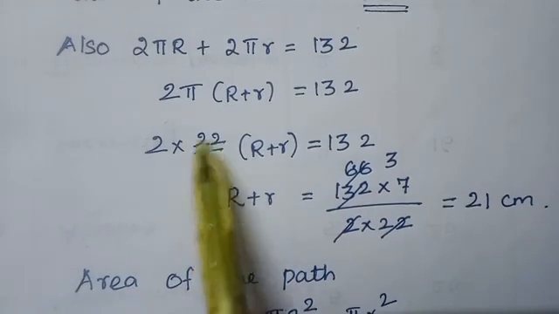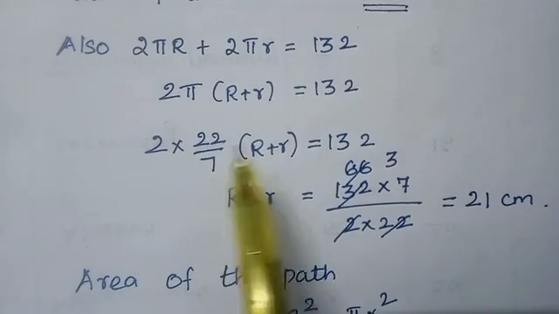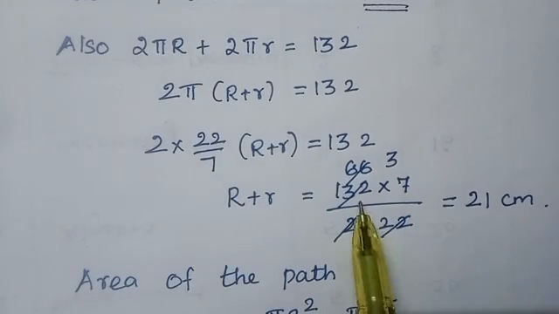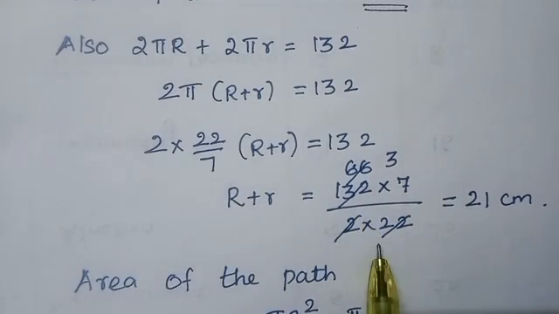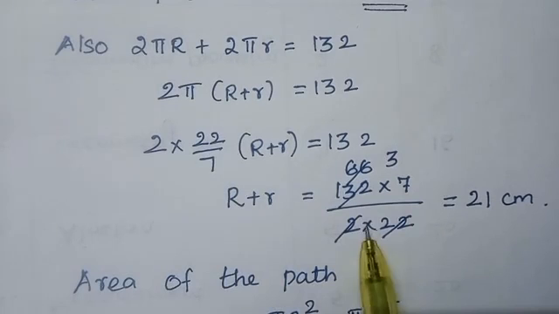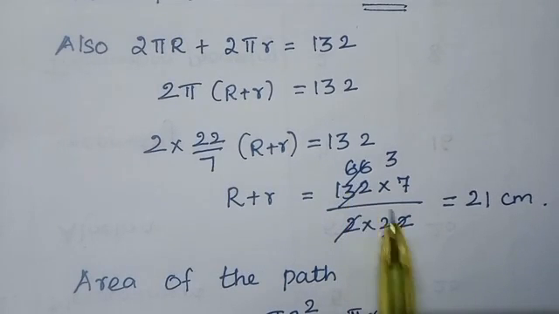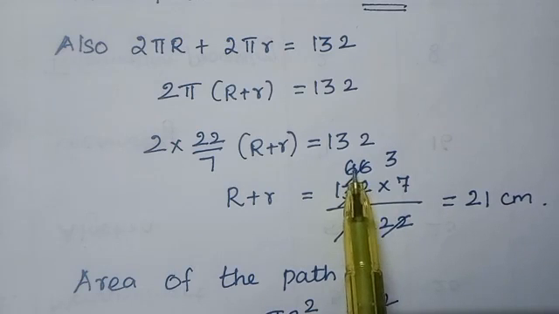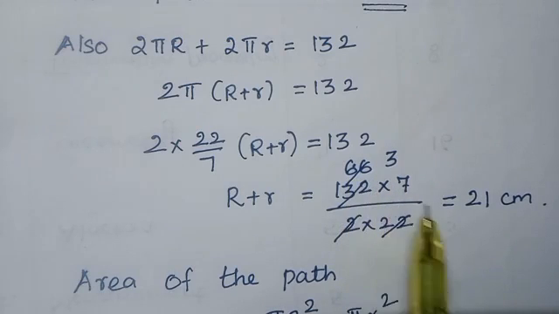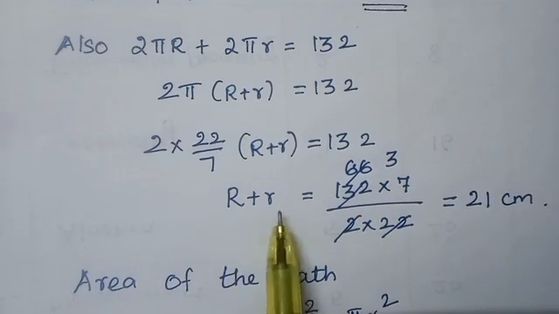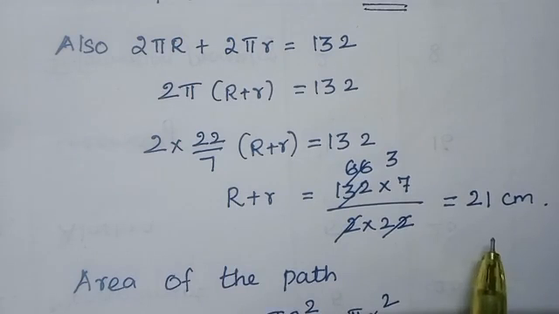Then bring this 2 into 22 by 7 to the right side. 132 multiplied by 7, with 2 and 22 in the denominator. Cancel 2 and 132, 66. Then cancel 22, 3 times 66. 3 into 7 equal to 21 centimeter. So capital R plus small r equal to 21 centimeter.